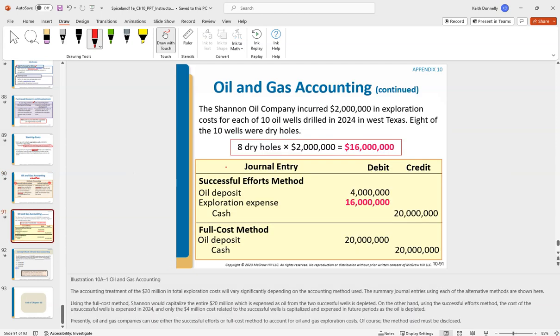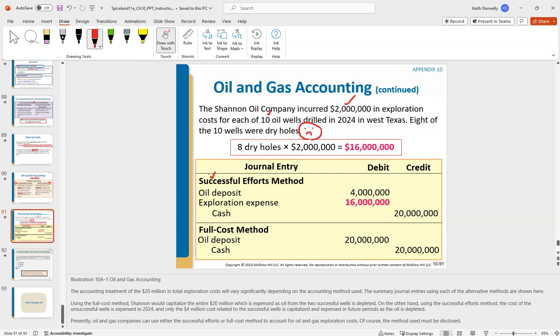Okay, so let's look at an example. We have an oil company. They spent $2 million each on 10 wells to look for oil. Eight of the 10 holes they drilled were dry holes. So that's a sad face. They didn't get any oil or gas.